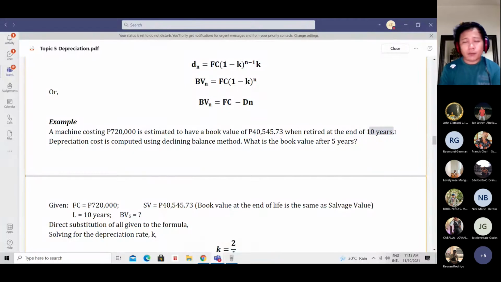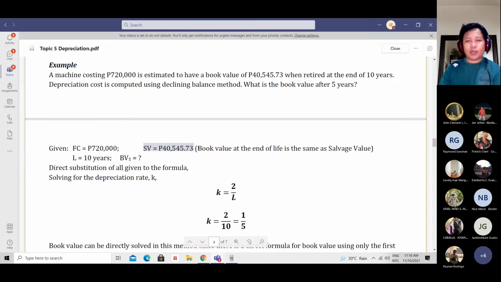Recall that the value at the end of life is basically the salvage value. So the book value given at the end of the life is technically your salvage value. Book value at the end of life is the same as the salvage value.